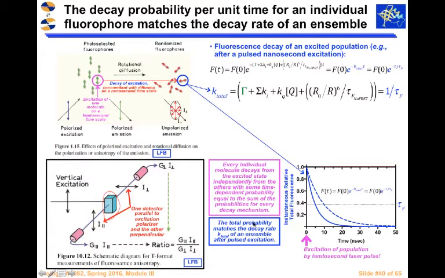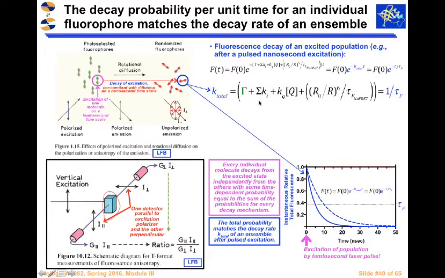The total probability of decay per unit time for a given fluorophore will be equal to the decay rate of an ensemble after the pulsed excitation, right? So this is a first-order kinetic process. The decay probability per unit time for each individual fluorophore is going to match the decay rate of the population.